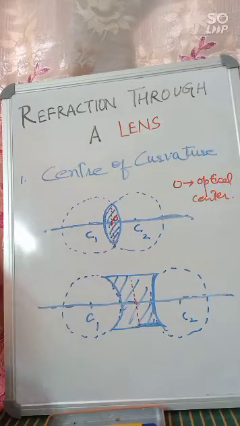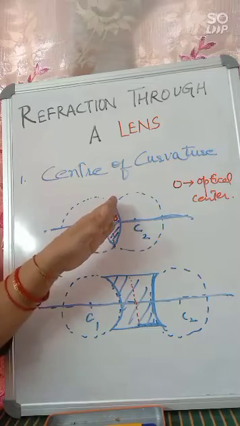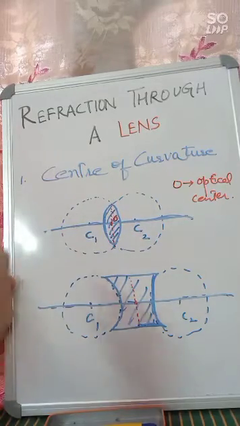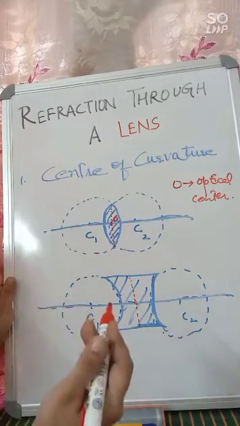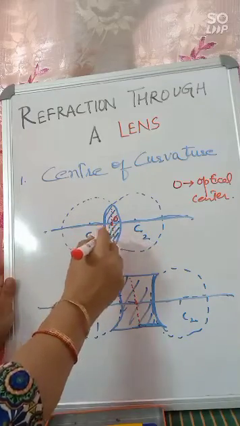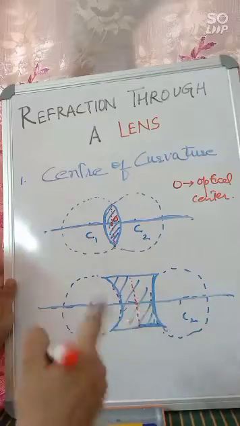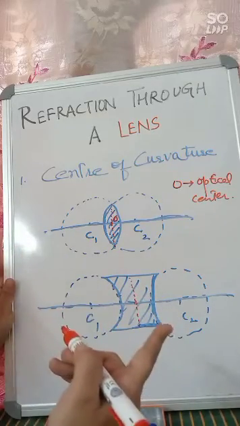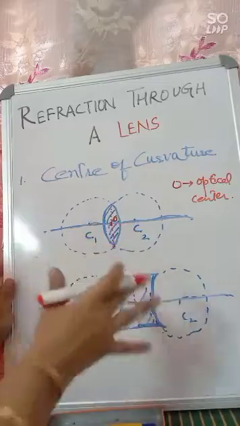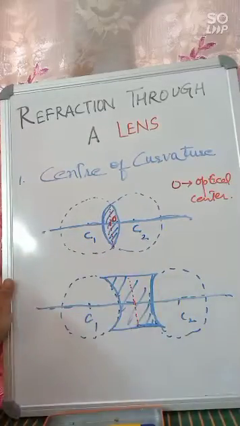For convenience, the bending of the ray, the refraction, will not be shown at the two surfaces, but exactly from the center. I'll take this part again when I discuss the ray diagrams. First of all, let's just concentrate on the definitions only.